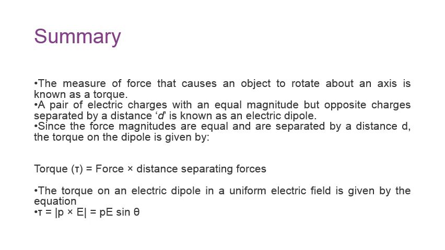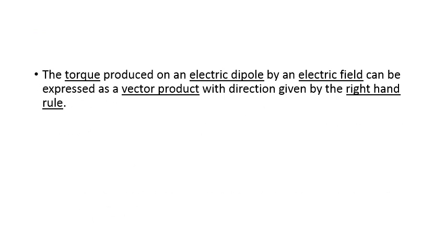Since the force magnitudes are equal and separated by distance d, the torque is given by torque is equal to force into displacement, the distance separating the forces, and torque is equal to PE sin theta if the field is uniform. The torque produced on an electric dipole by an electric field can be expressed as a vector product with direction given by the right hand rule. So this is all about torque.